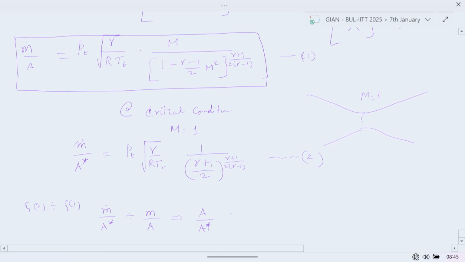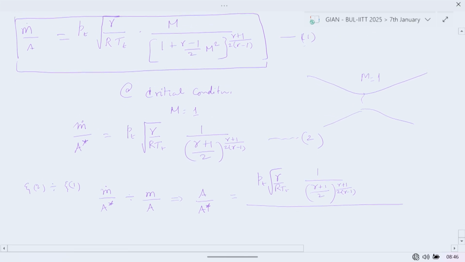So what is that one here? Here I have Pt square root of gamma by R Tt, and here it is 1 divided by gamma plus 1 by 2, the whole power gamma plus 1 by 2 into gamma minus 1, that's in the numerator, divided by this equation 1.